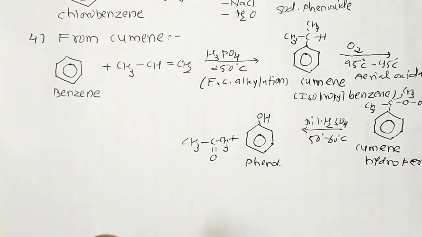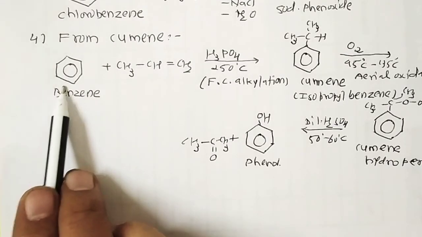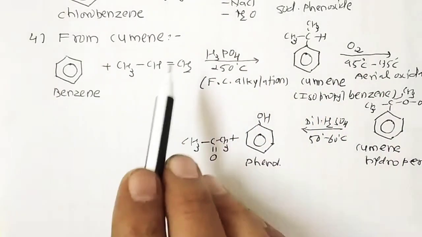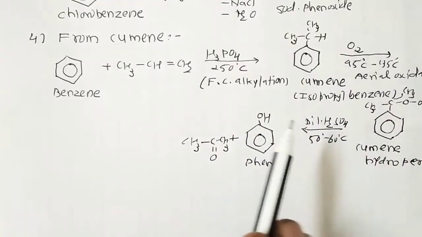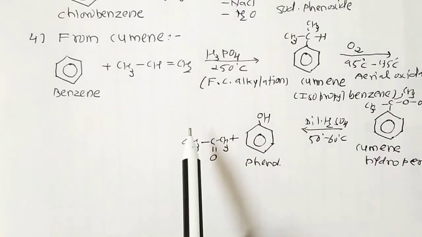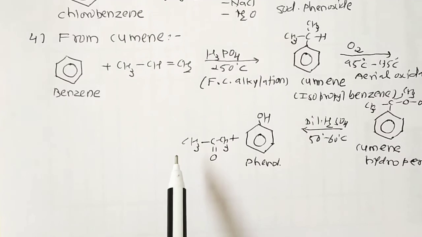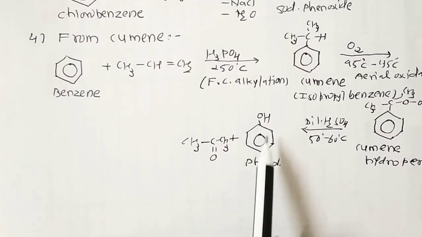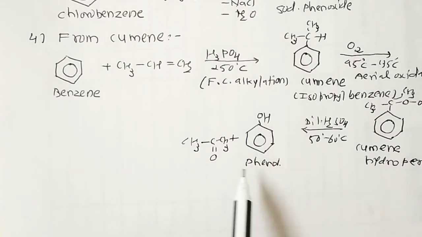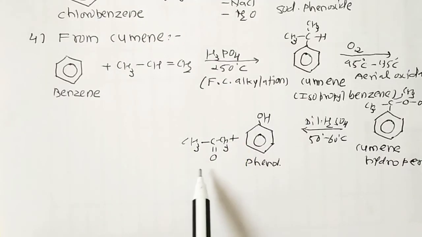So these are the advantages of the cumene process, because nowadays the cumene process is the best process. Our starting material is benzene, and the reagents used here are cheaper in nature, and we get acetone as a very good solvent. What's unique about that? The price of phenol is around 100 to 140 rupees per kg, and acetone is 75 rupees per liter.